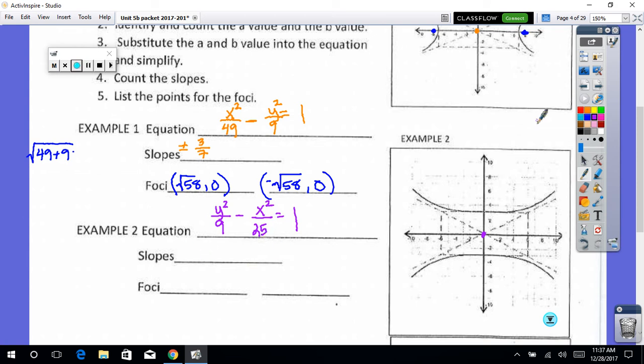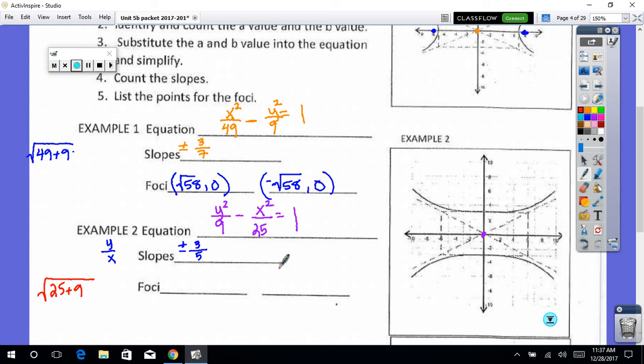Okay, remember your slope is always y over x. The number with the y is 9. The square root of 9 is 3 over 5, positive, negative. And again, our foci, 25 plus 9, take the square root.